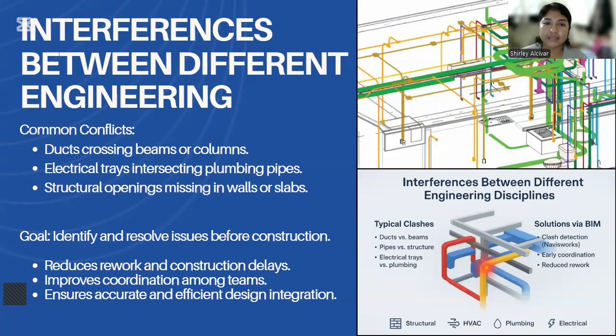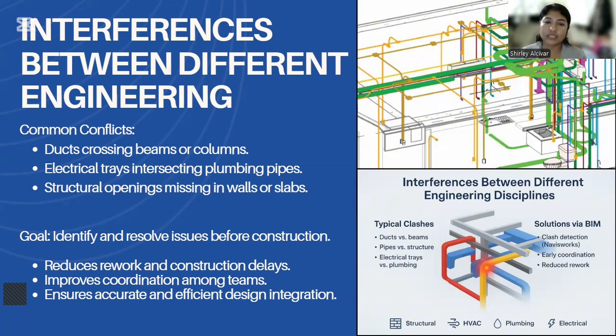This slide explains the common interferences that occur between different engineering disciplines in a building project. Some examples are ducts crossing beams or columns, electrical trays intersecting plumbing pipes, or missing openings in walls and slabs.